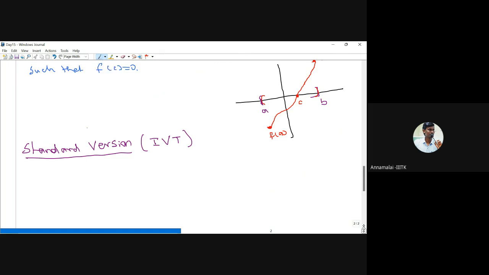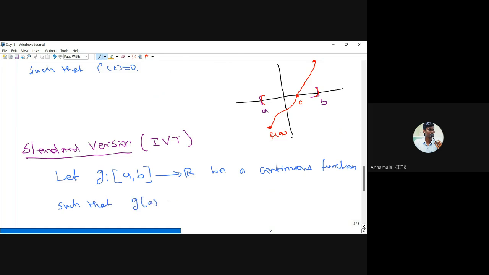So what the theorem says: suppose we have a continuous function g from the closed interval [a, b] to R. That is very important: the domain should be the closed interval [a, b]. Suppose we have a continuous function defined on the closed interval [a, b] such that g(a) < lambda < g(b).